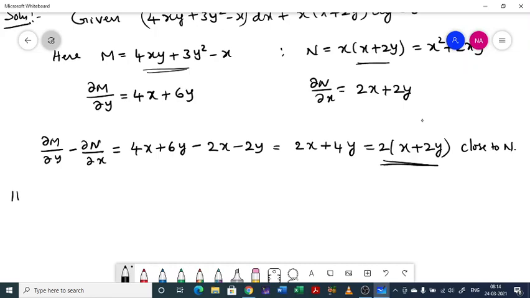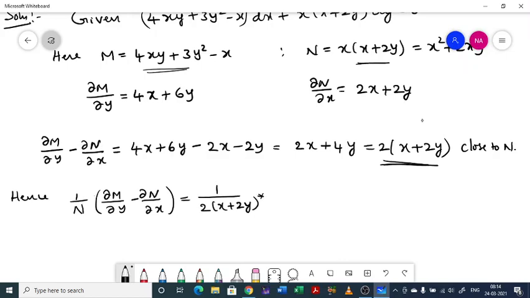Hence, we have to multiply 1 by N to this difference. So 1/N times (∂M/∂y minus ∂N/∂x) equals 1 by N, that is 1 by x(x + 2y), into the difference 2 times (x + 2y).